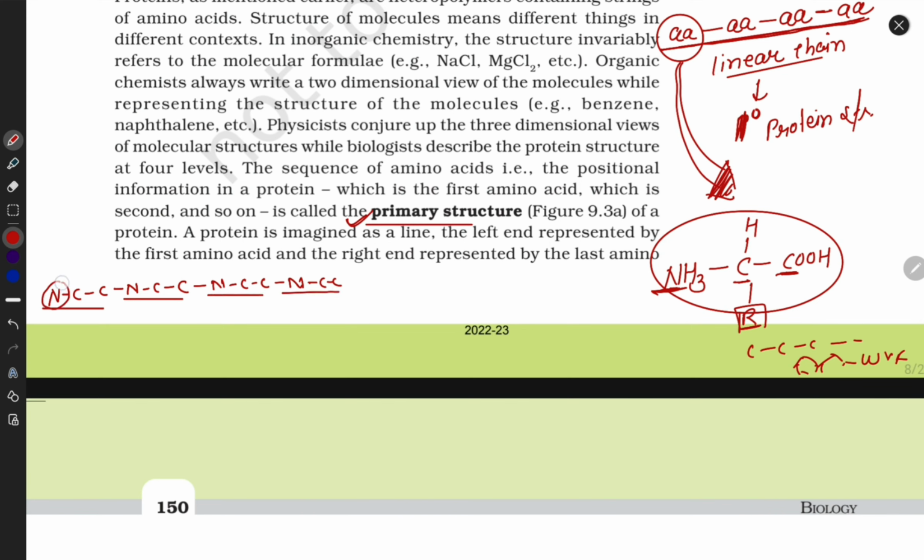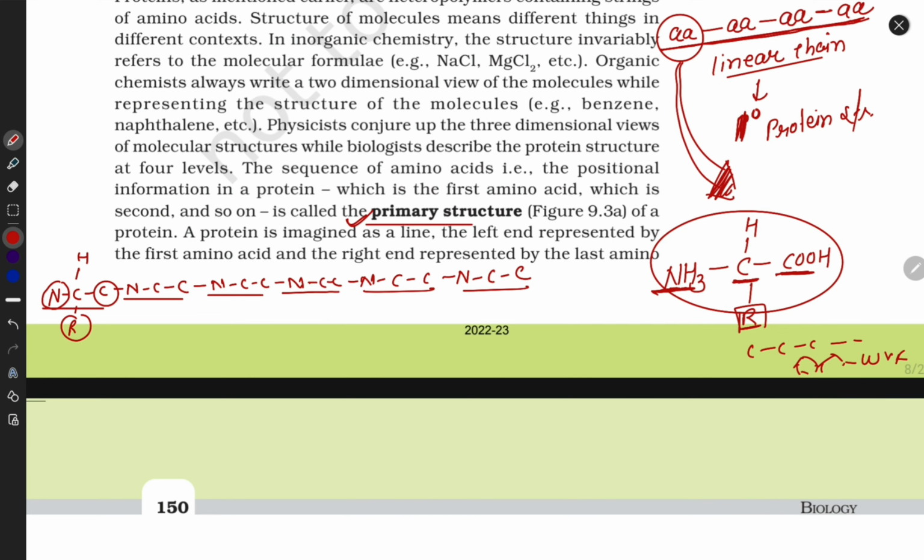This is the amino group, this is the carboxylic group, and this is the central carbon. Here hydrogen is attached, here the R group is attached. So this is the sequence. We call it the primary structure of protein.